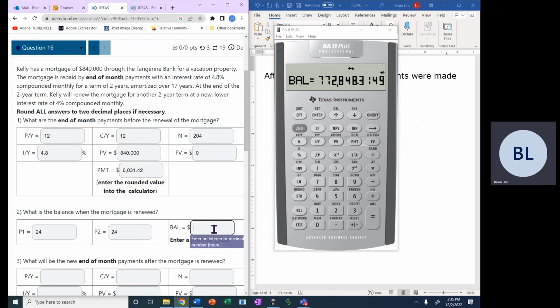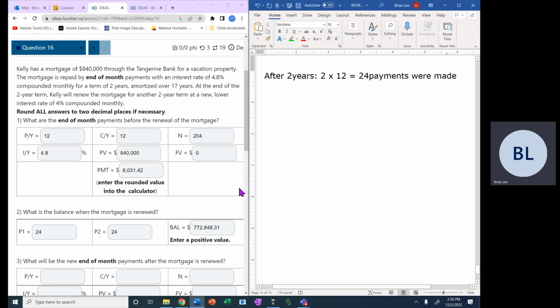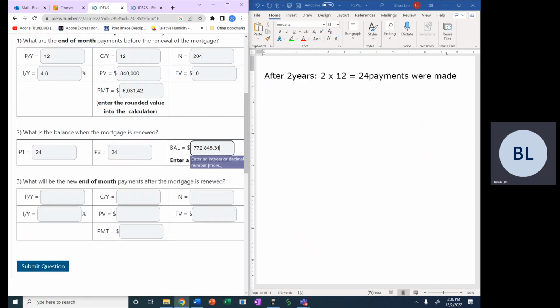And we get a balance, and that balance is 772,848.31. Okay, all right, that is the balance now after the 2 years. Now this balance here will be the present value for when the mortgage is negotiated or renegotiated for the next term.